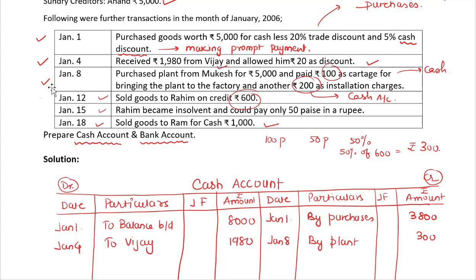Let's see January 12. Sold goods to Rahim on credit 600. Because this is a credit transaction, we will not be making the entry. January 15, Rahim became insolvent and paid 50 paisa. That means 50% of 600, that means 300.